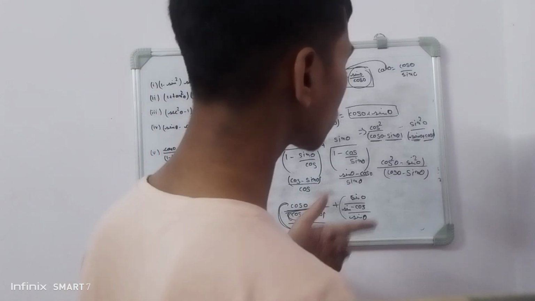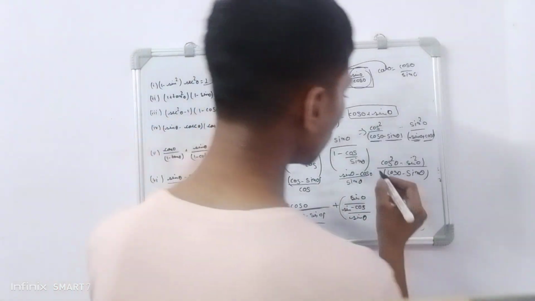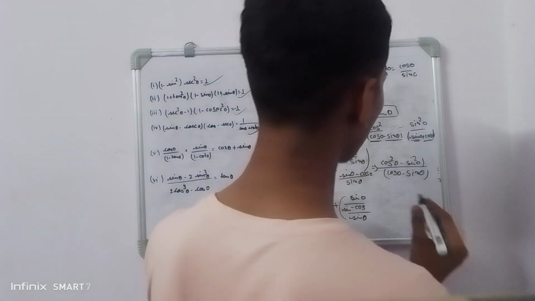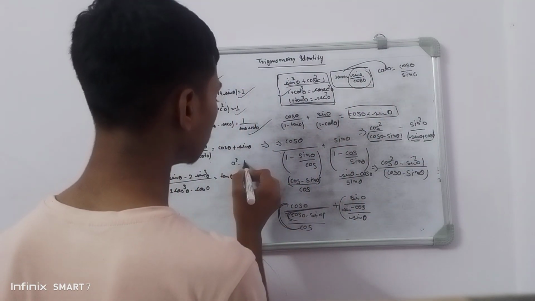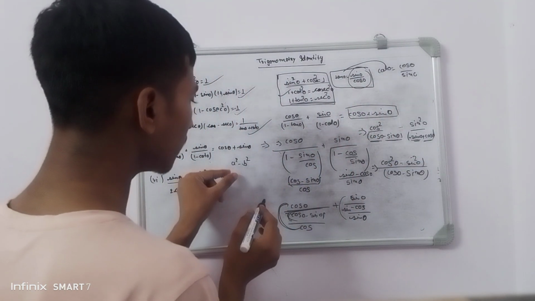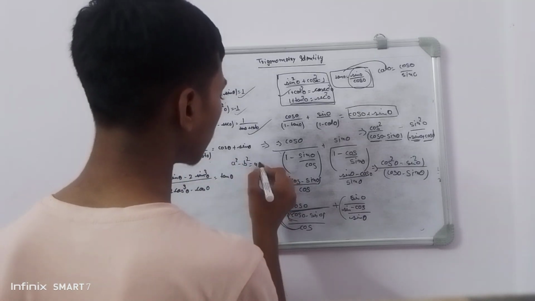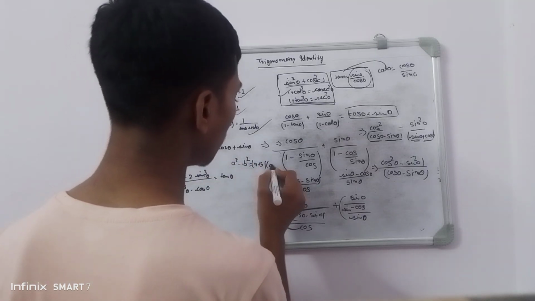Now how do you have to proceed from here onward? As we reach this point, you know the identity of a square minus b square is a plus b into a minus b.